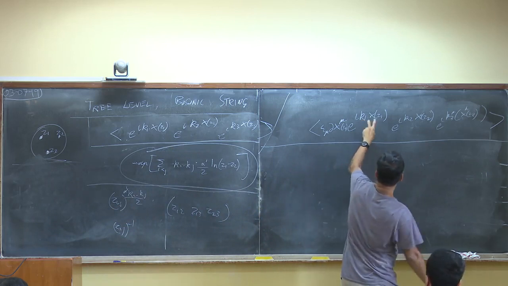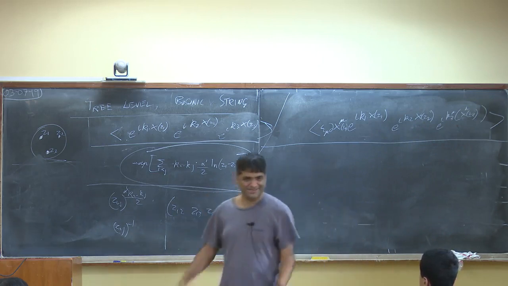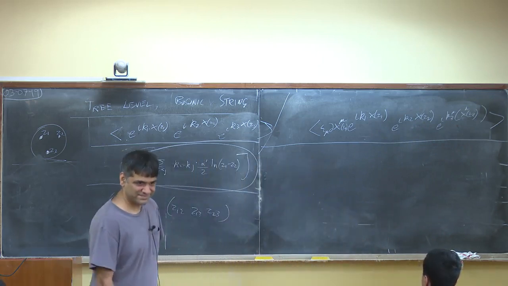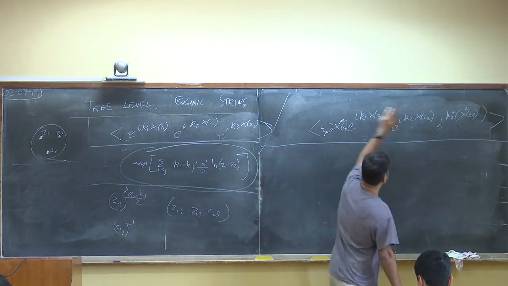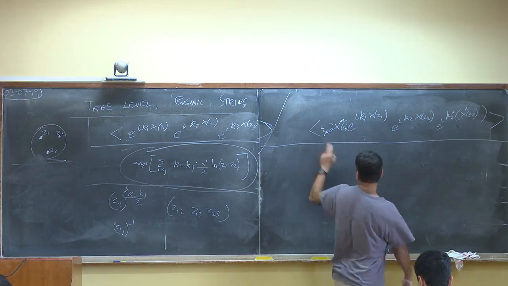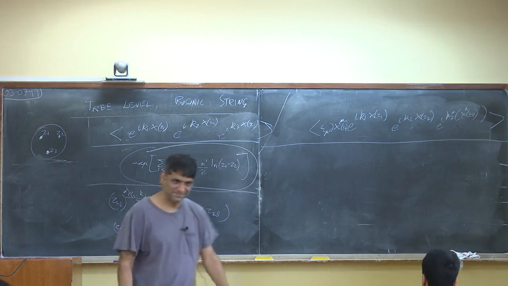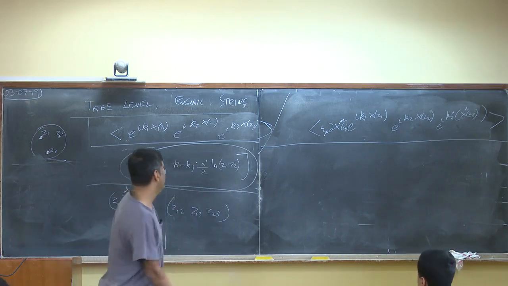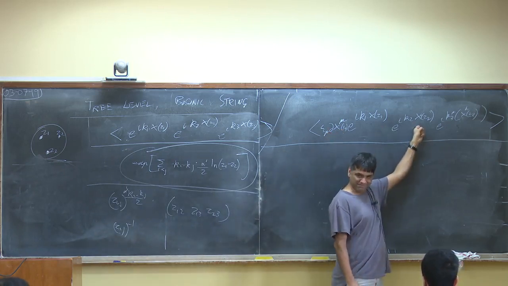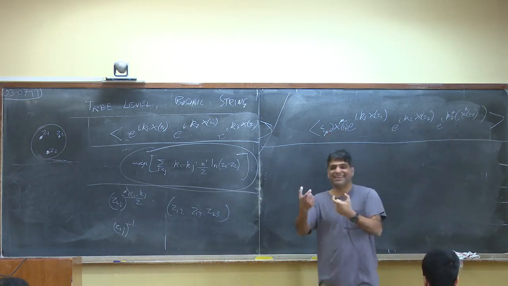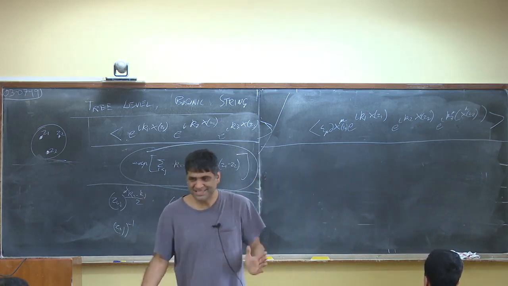So the contractions between this, this and this, we've already taken into account. What remains is contractions between this guy and this guy, and contractions between this guy and this guy. This is only one fellow. So it either contracts with something here, or it contracts with something here. It's not like you can take one of it and contract with this guy and another with that guy. Is this clear? So that's relatively simple.